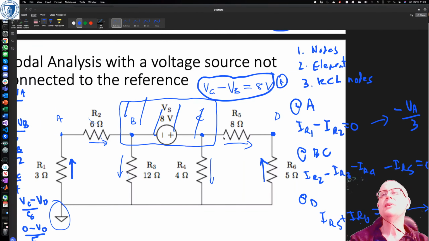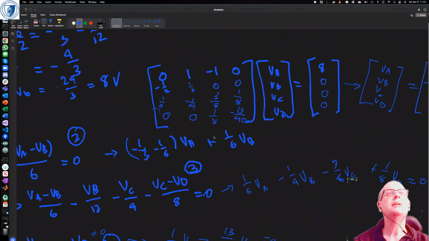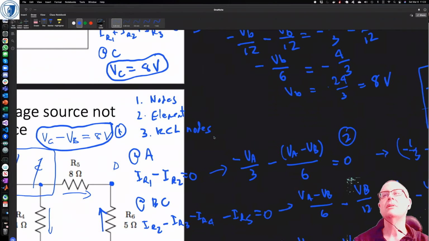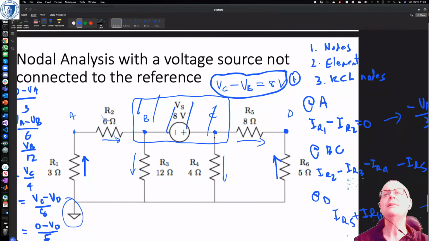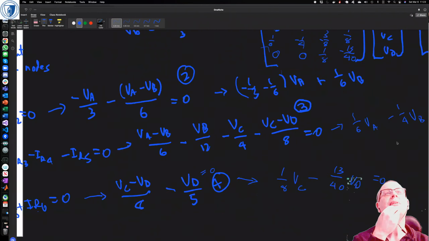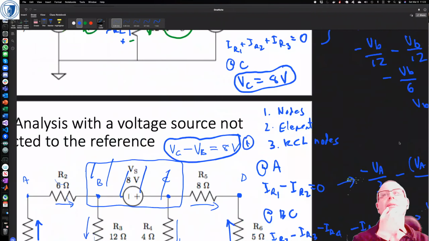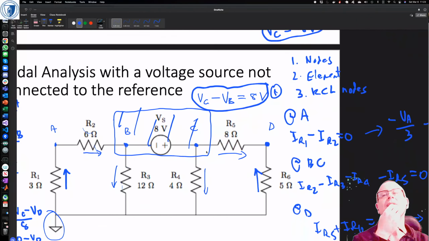Right, so it says that VA and VB are negative. Right, and that sort of makes sense, right? You've got VA here, so that's the most negative number. Actually, no, it's not. It's not going to be the most negative.